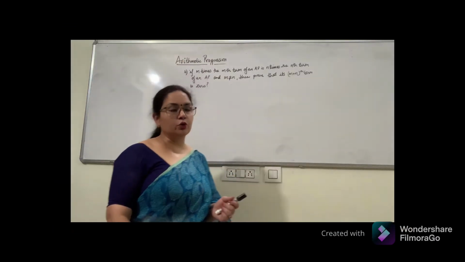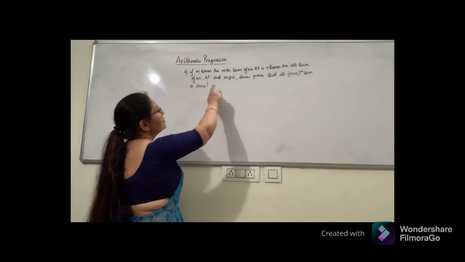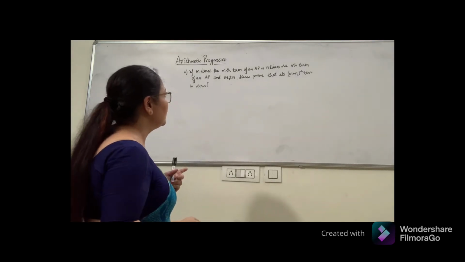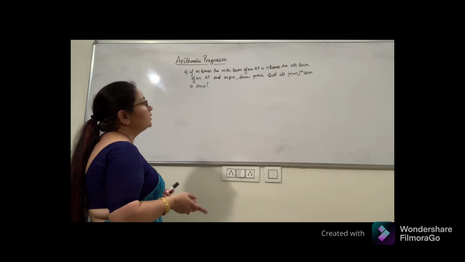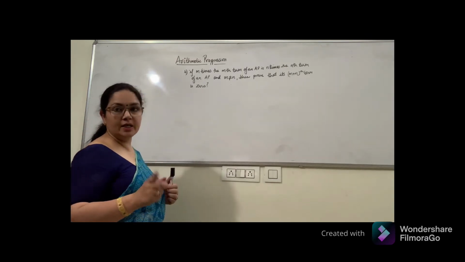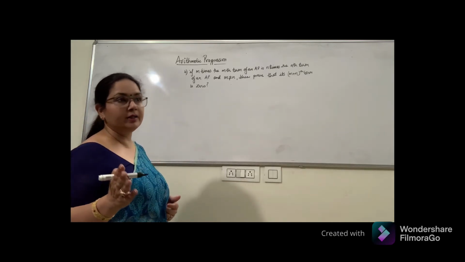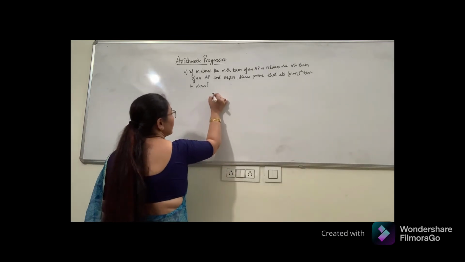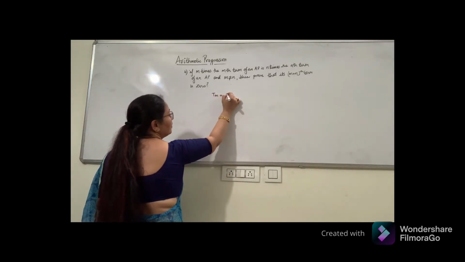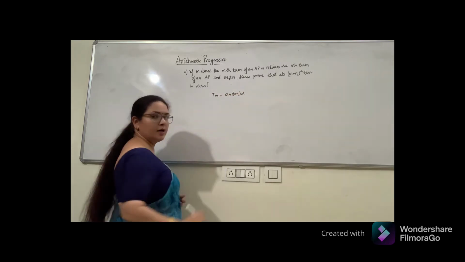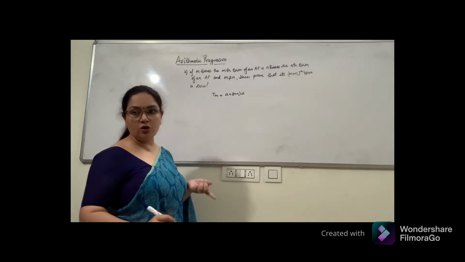So coming on to the fourth question. If m times the mth term of an AP is n times the nth term of the AP and m is not equal to n, then prove that its (m plus n)th term is 0. So how will we write the mth term? Tm is equal to A plus (m minus 1)D, where A is the first term and D is the common difference.